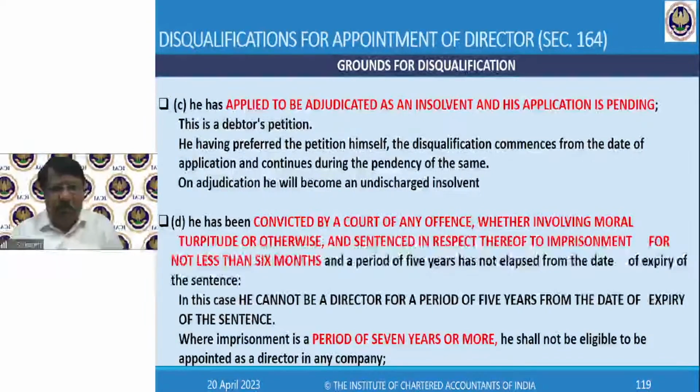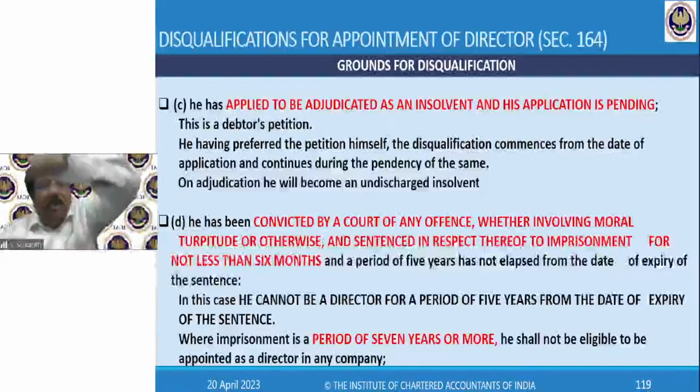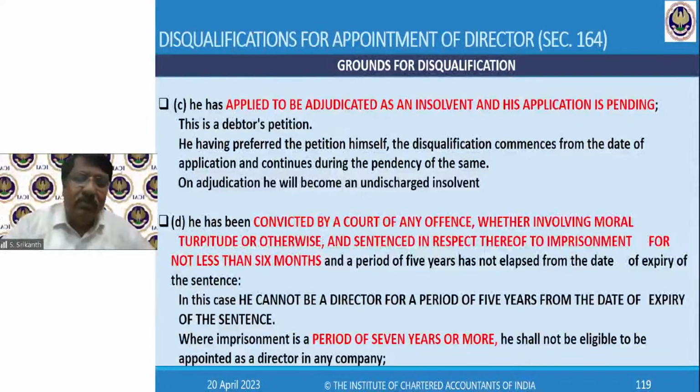That can happen. Then the expiry of the sentence is at 1 year, 1.5 years, maximum 2 years. At the end of that, you have to count 5 years. For 5 years, he will be disqualified. On the expiry of 5 years from the date of expiry of the sentence, he will be qualified again.